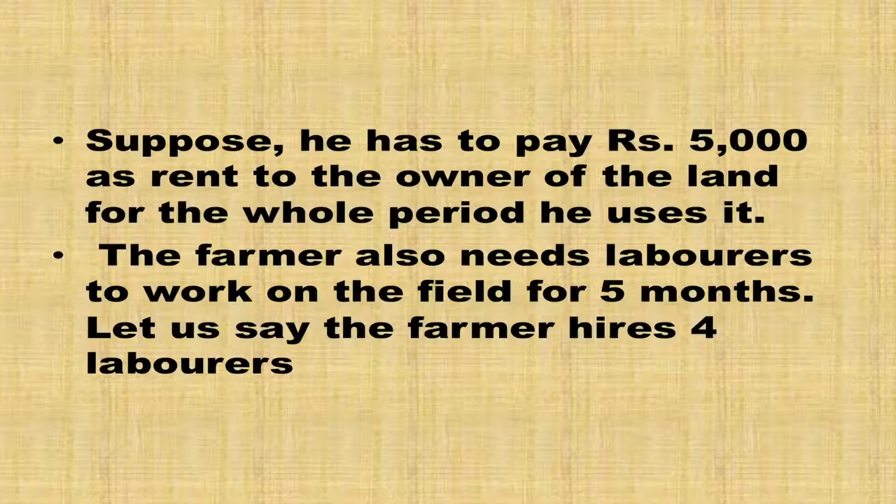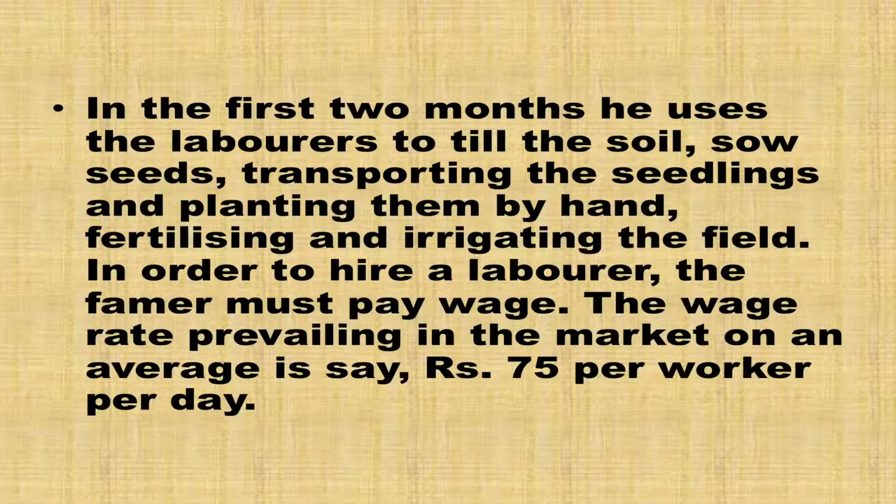The farmer also needs laborers to work on the field for 5 months. Let us say the farmer hires 4 laborers who in the first 2 months till the soil, sow seeds, transport the seedlings and plant them by hand, fertilize and irrigate the field.